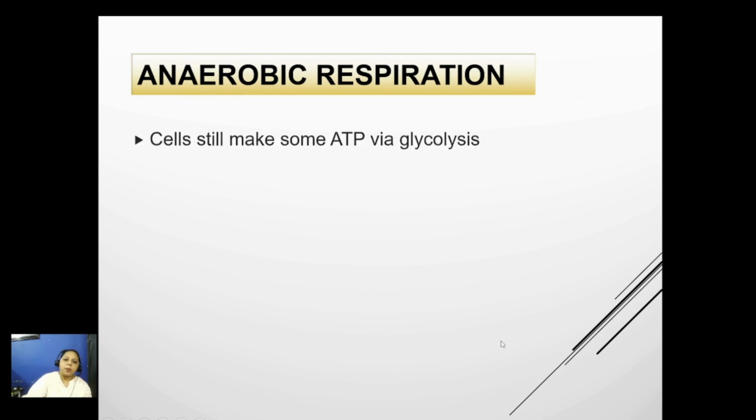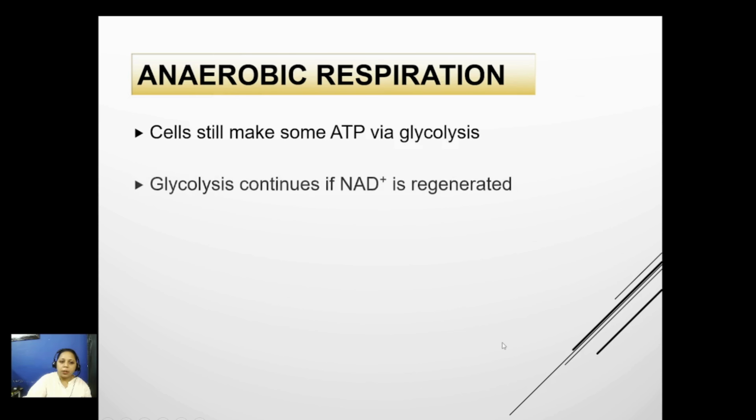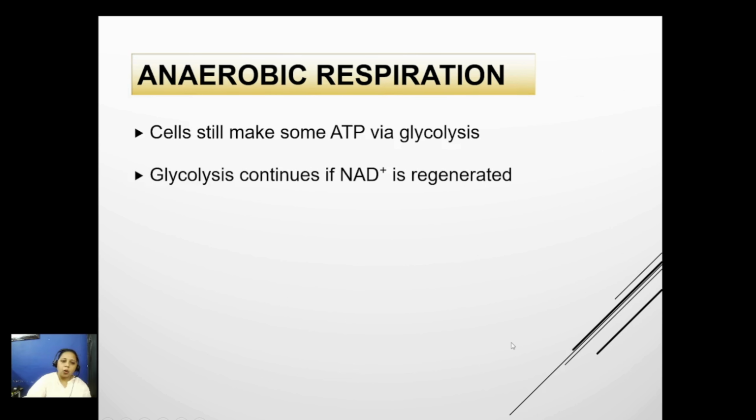So anaerobic respiration produces ATP via glycolysis, and you know glycolysis also doesn't need oxygen. We have already learned this. It only converts glucose into pyruvate, and it happens in the cytoplasm even if oxygen is not present. That is a basic thing.